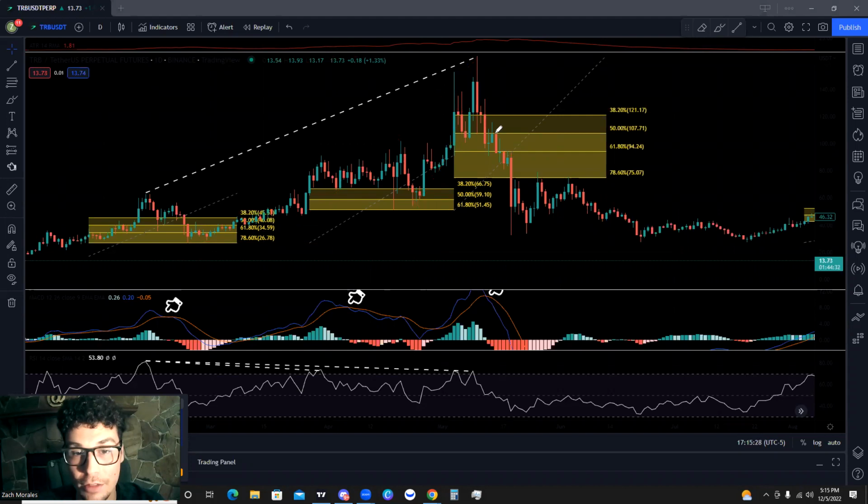Now, remember, the way the fib retracement works is if you hold these levels, then you're going to get a trend continuation. If you break through these levels, you're going to get a reversal, right? And that's what we see over here: we end up getting a reversal and make new lows. We break the 38.2, the 50%, the 61.8, and the 78.6% retracement levels.